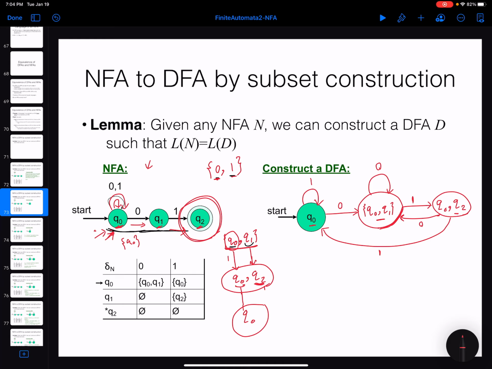Now you can see that whatever string you give to this NFA, if you give it to the DFA, exactly that search tree that we discussed will be simulated using the DFA that we created here. So let me just clean up a little bit here.